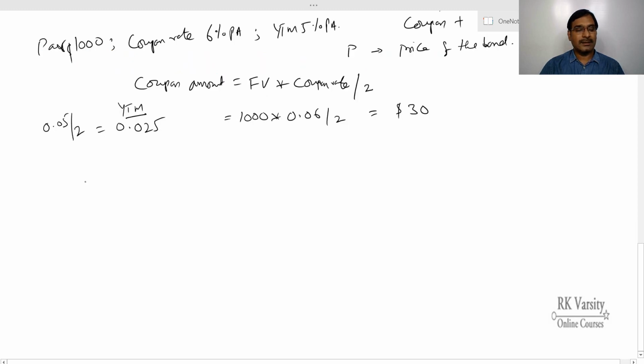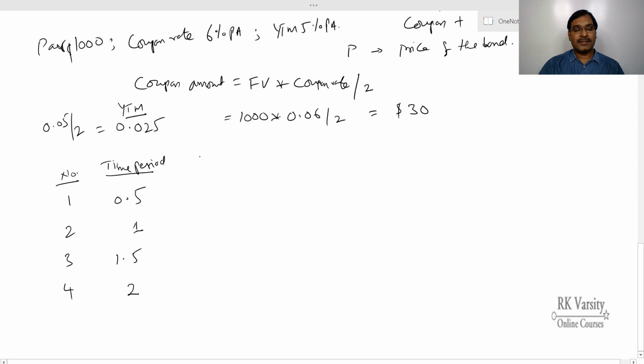As this is a semi-annual coupon bond, the number of payments will be 1, 2, 3, 4 payments, and the time periods: the first payment will occur in the half year, so 0.5. The second payment will occur at the end of the first year. Third is 1.5 and fourth is 2.